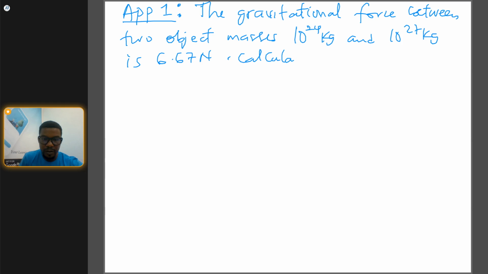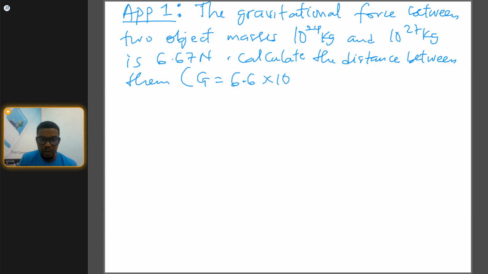Calculate the distance between them. In brackets, capital letter G equals 6.67 times 10 raised to power minus 11 Newton meter square per kilogram square.